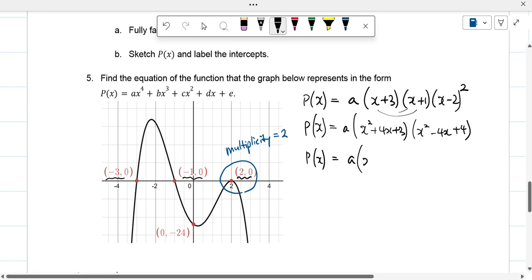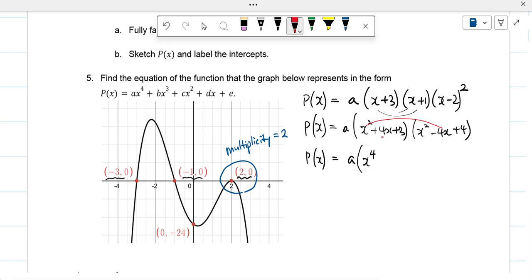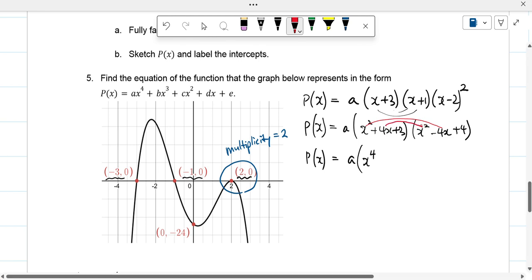X squared times x squared is x power 4. And let's do the grouping here using different colored pen. X squared times negative 4x gives you negative 4x cubed. And plus 4x times x squared gives you positive 4x cubed.